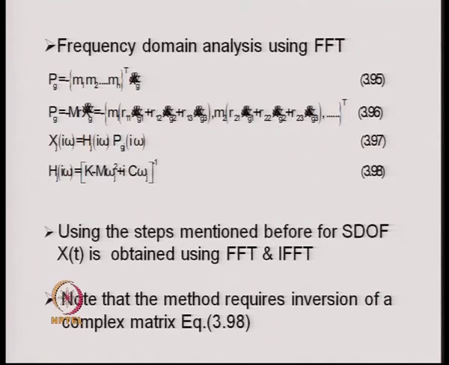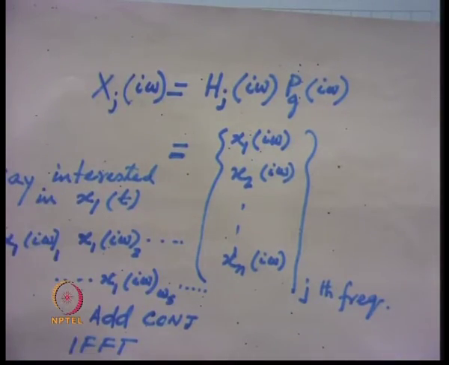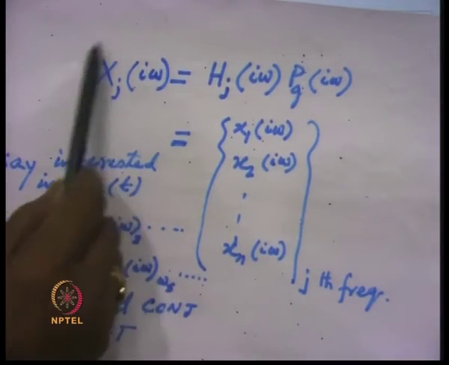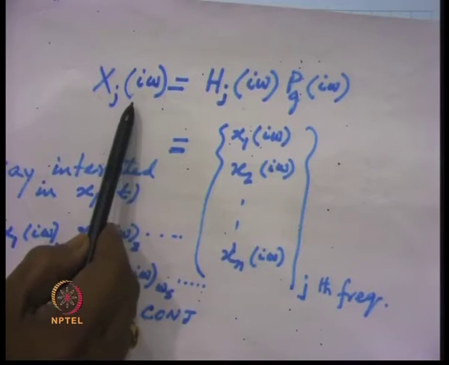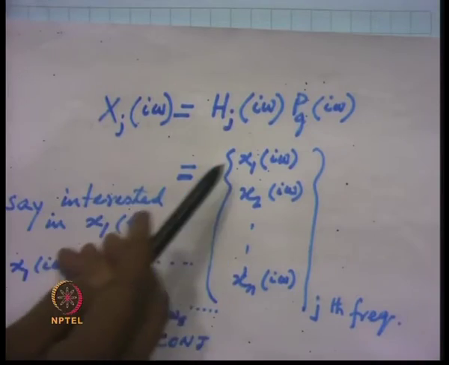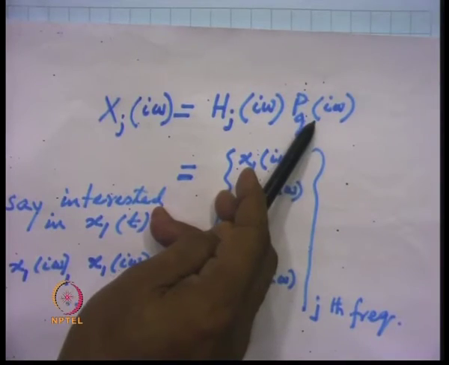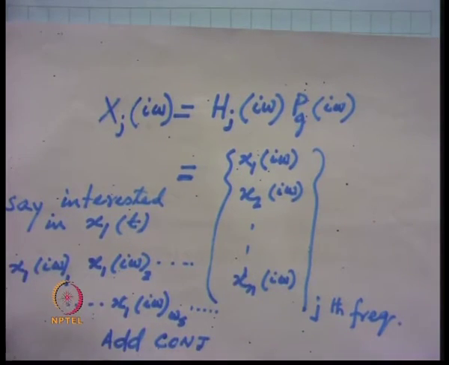Using the steps as we have discussed before for the single degree of freedom system, x(t) then can be obtained using FFT and IFFT. We use this relationship, that is x(i omega), the frequency components of the responses, is related to the H matrix and the P g(i omega) vector.